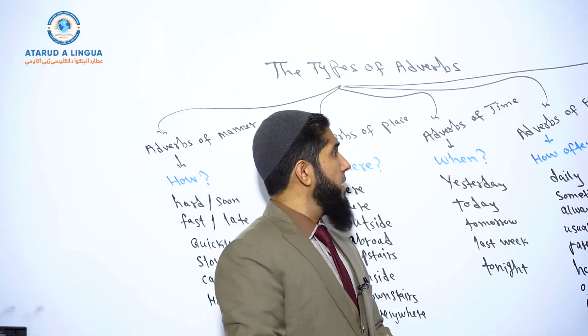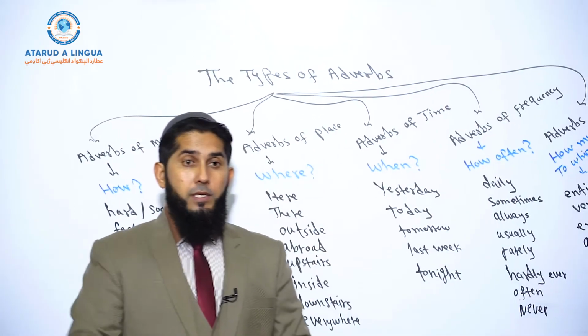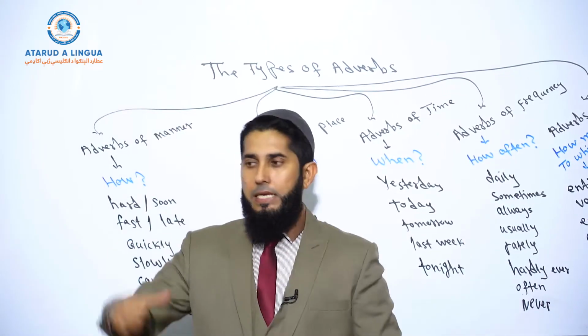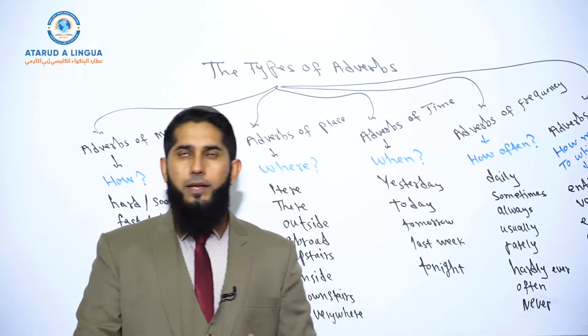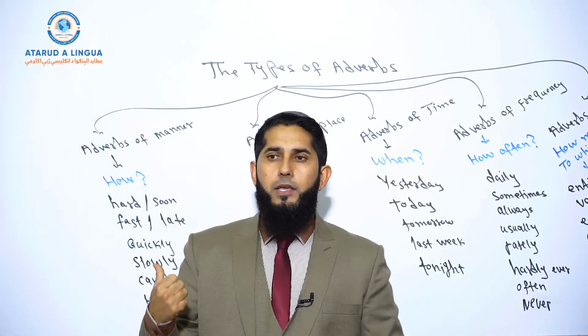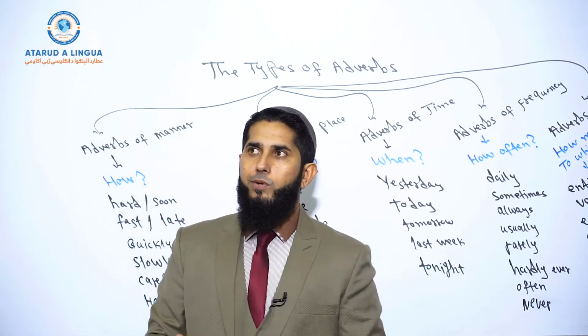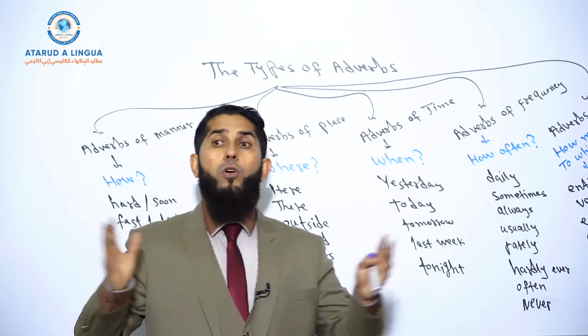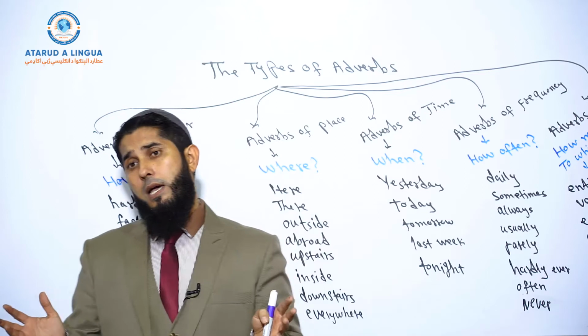And then we have adverbs of time. Today, tomorrow, yesterday, last night, tonight, the night before, okay? Yesterday morning, tomorrow morning, last year, last week, last month. These are all adverbs of time.